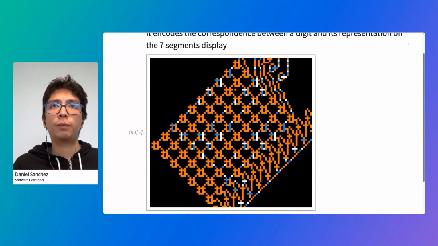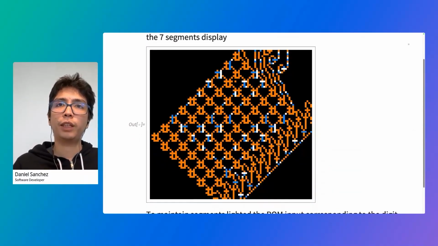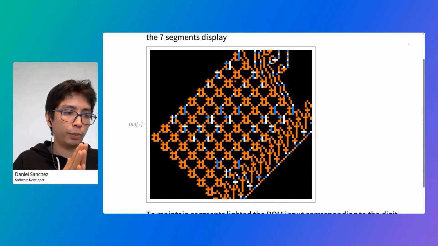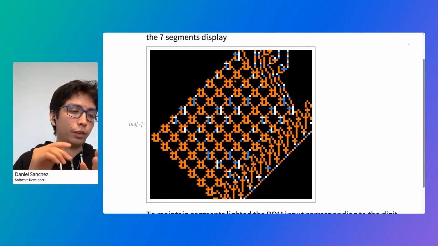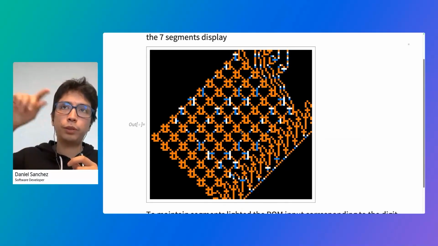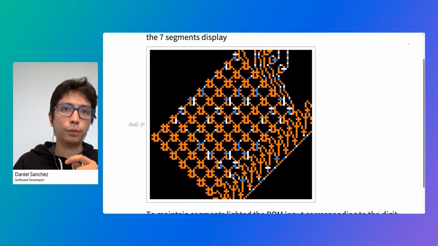I talked about the ROM in a minimal form, and this is a bigger version which has 10 inputs, corresponding to the numbers 0 to 9, and it has 7 outputs corresponding to each segment that you want to turn on. So in this case, I'm sending a constant stream of electrons to the second address.